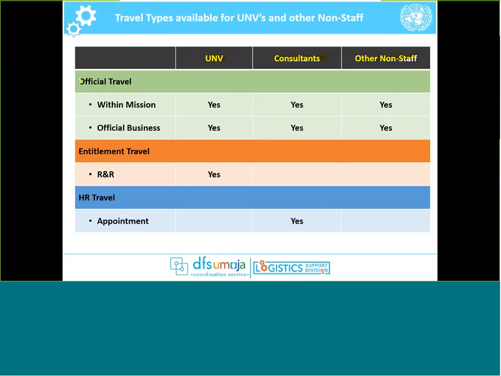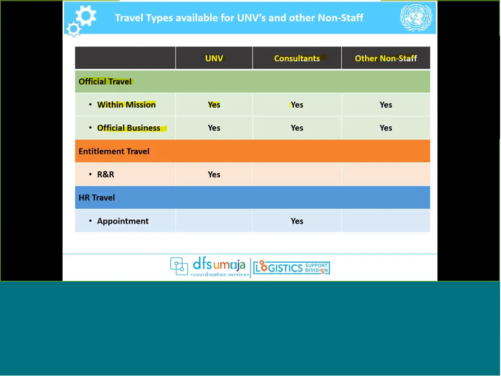So within the travel category official travel, you as a travel administrator will be able to raise travel requests that belong to the different travel types for official travel. For example, you can travel within mission, UNVs, consultants, and other non-staff.